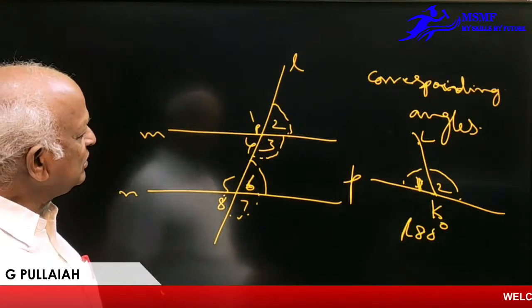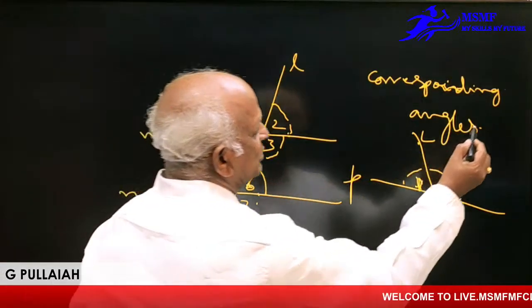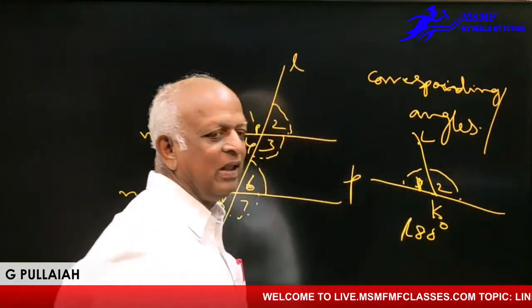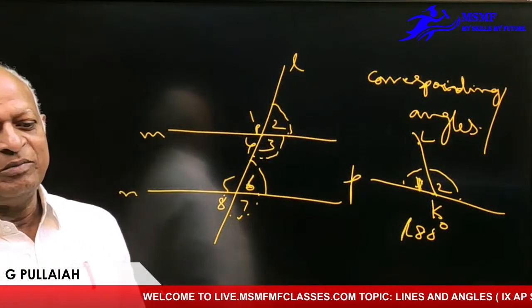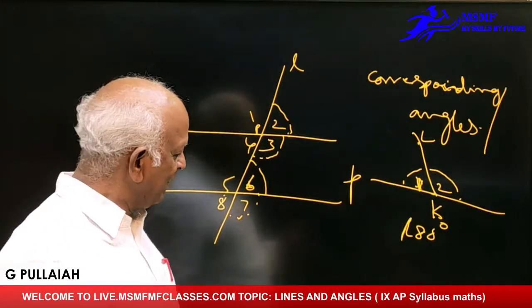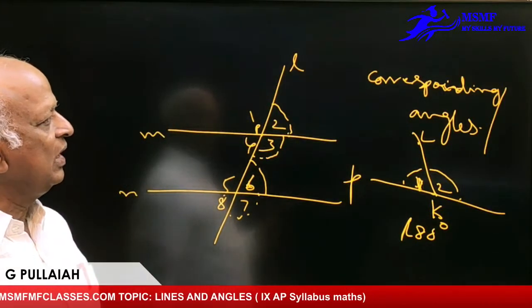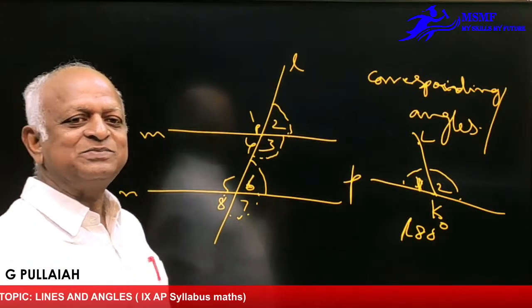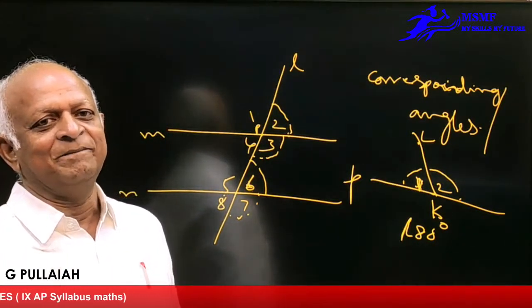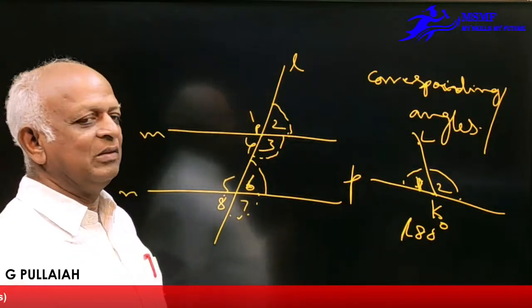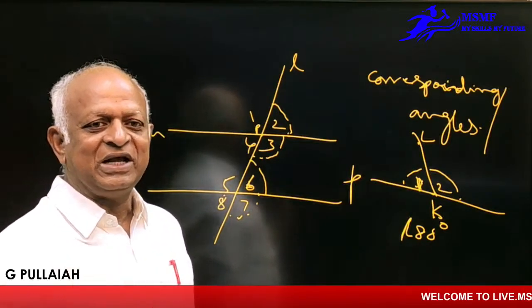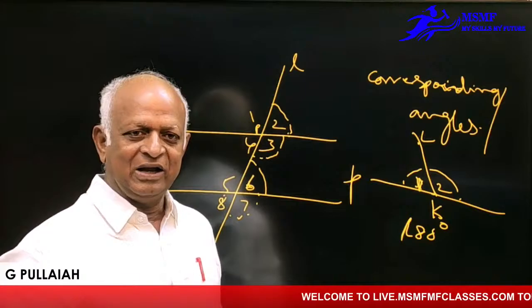Clear? So now think very carefully. We are talking about the corresponding angles. In these corresponding angles, remember the point very carefully that the first condition, they must be on the same side of the transversal. The second condition, one must be exterior and the other must be interior.